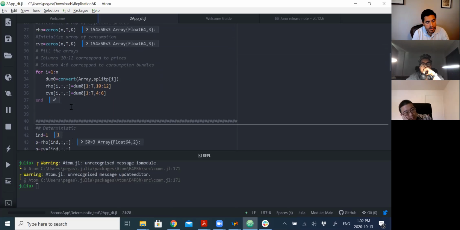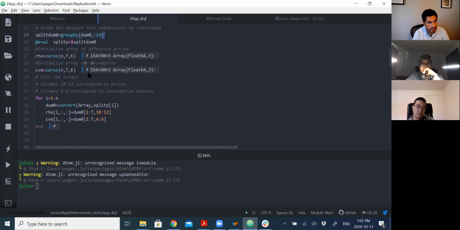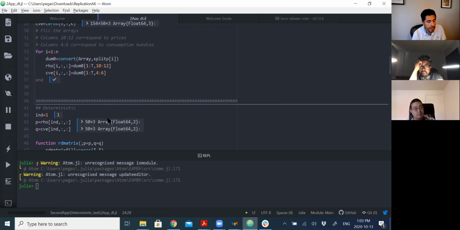And here I'm just filling the data. So the row is equal to this collection of data frames. And so here I'm just filling it with the different observations from 1 to n, and then all the time periods. And basically, these are the locations of the different prices and consumption, okay?